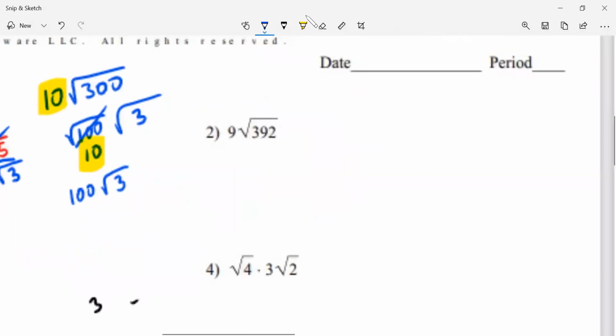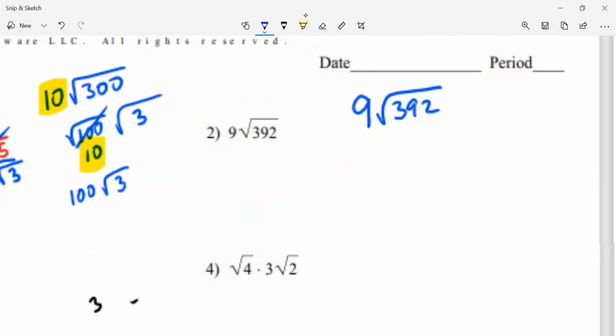All right, so let's take a look at this. 9 radical 392. Okay, so let me just write it up here. So 9, the square root of 392. So 392, I'm going to break this into 2 radicals. And I'm thinking, all right, 392, can I divide it by 4? And I even use my calculator, and I get that 4 times 98 is equal to 392.